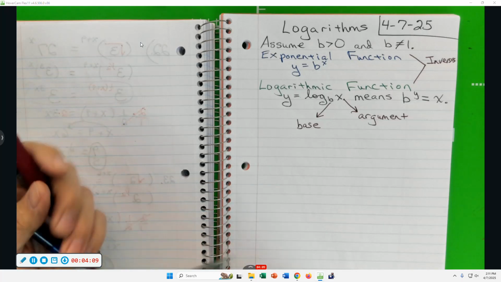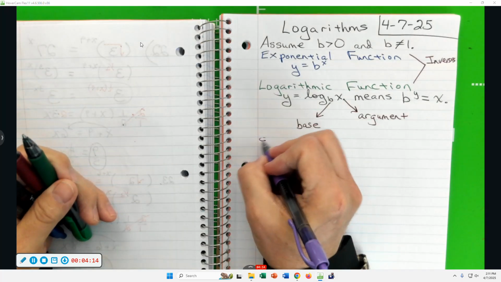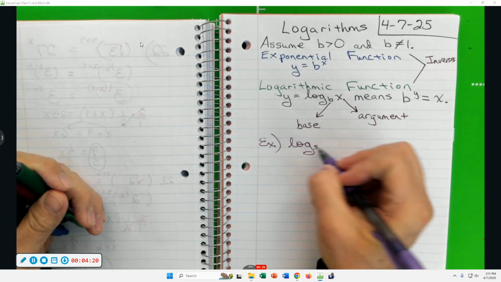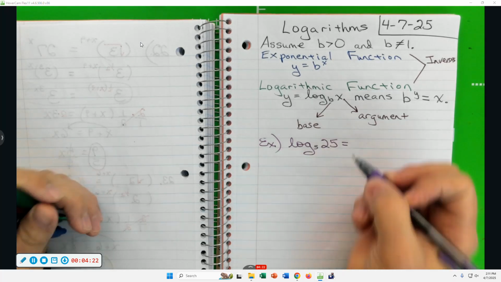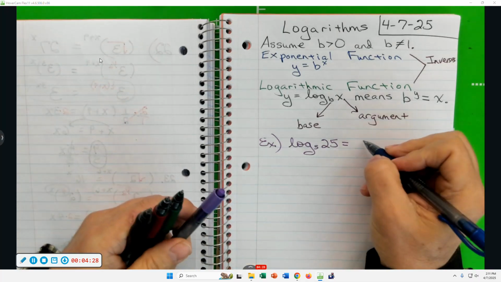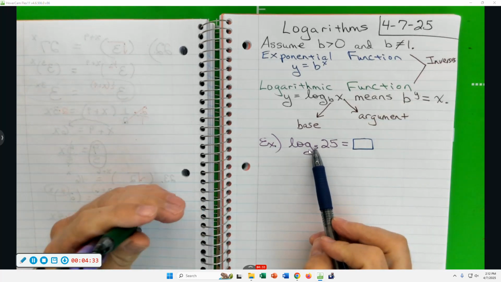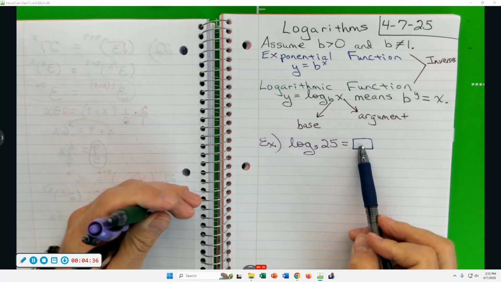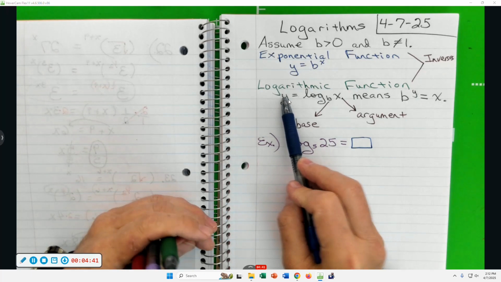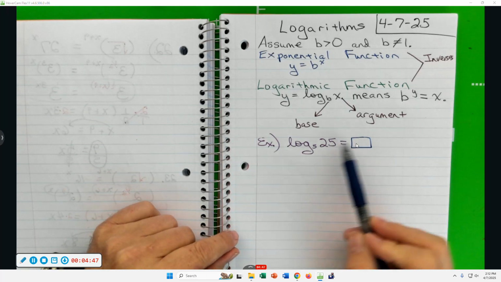And let's see if we can understand that definition. I have a logarithm I want you to evaluate. Help me evaluate log base 5 of 25. You're asking yourself, here's my blue box: base to the power on the other side is equal to the argument. 5 to what power gives you 25?